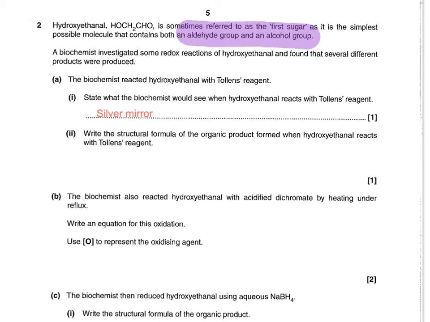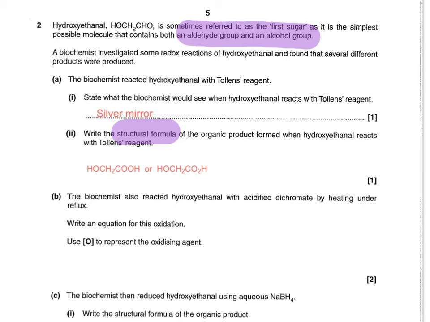Then it's asking you to write the structural formula, but it actually says specifically the structural formula. So this isn't one of those ones where you can do part structural, part displayed, part skeletal, for example. So obviously when hydroxyethanol reacts with Tollens reagent, the aldehyde will be oxidized to a carboxylic acid.